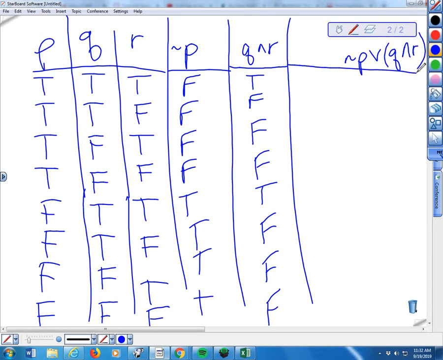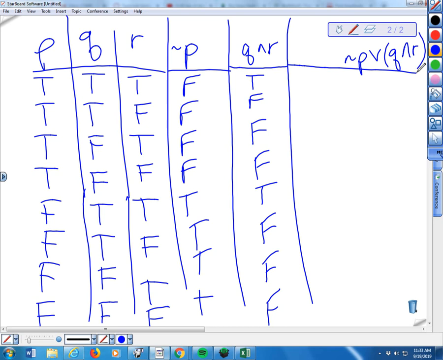Okay? Now, I'm going to get to this statement. So I've got the Q and R column, which is here, and I have the not P column, which is here. I'm going to look at them both, and I'm going to use the OR. So with an OR statement, when is it false? When is an OR statement false? When they're both false.